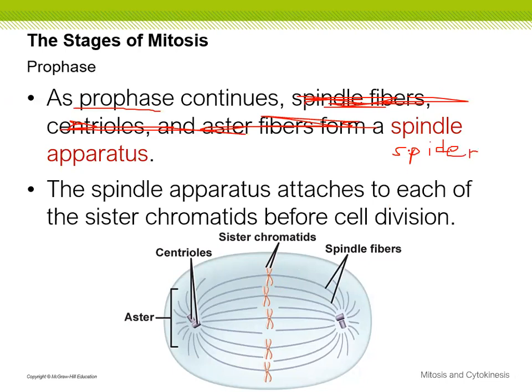Most people eventually end up saying spider apparatus instead of spindle apparatus, so it's just an easier way to remember it. This apparatus is all of this stuff here, all of that combined. That entire apparatus, that red region here, starts to connect to those chromatids, to those copies of DNA.